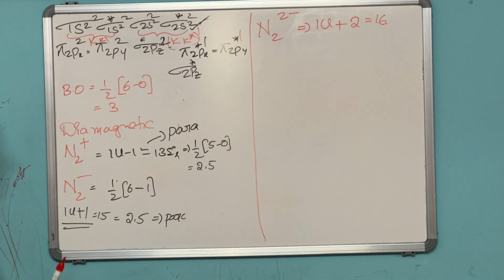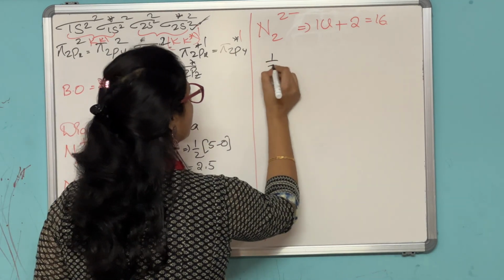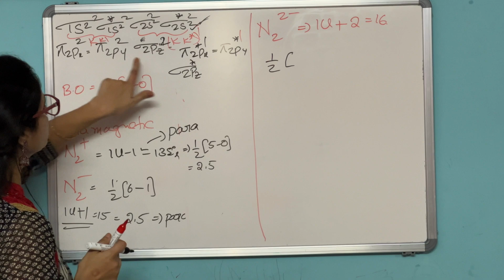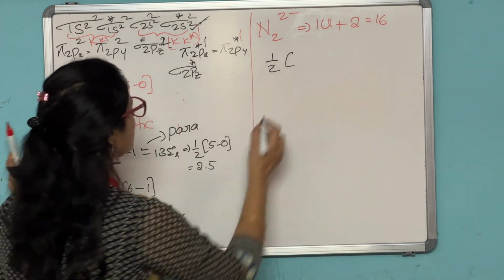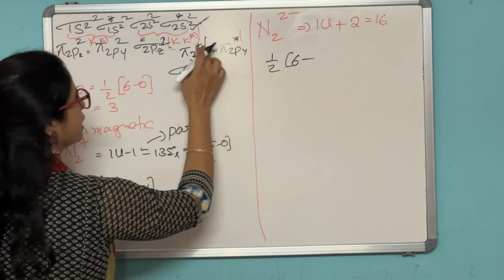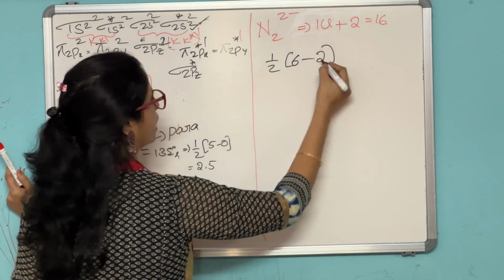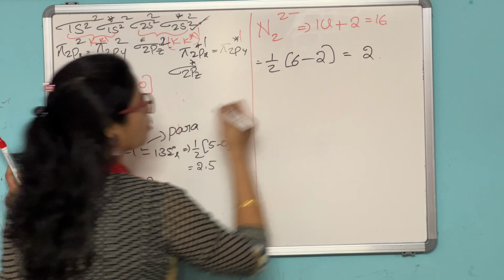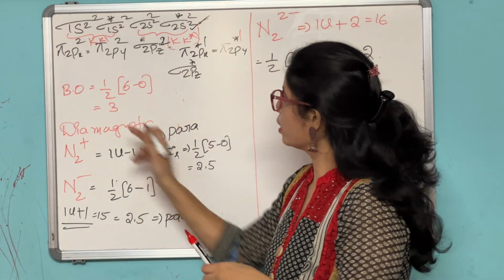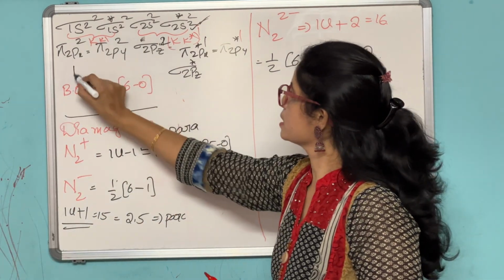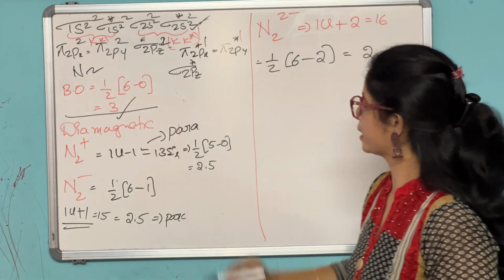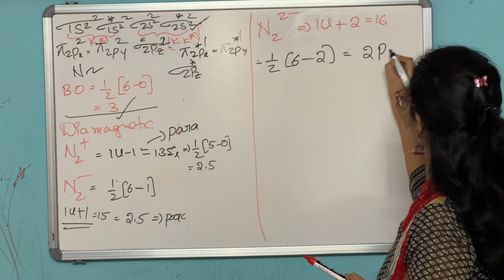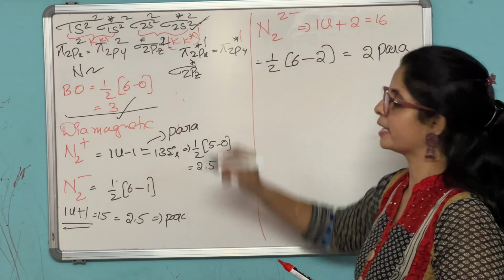Now 16 electrons, what will be the bond order? 1 by 2. How many bonding? 1, 2, 3, so 3 into 2 is 6, minus 2 anti-bonding, which is 4 by 2, 2. So bond order is 2. Bond order of nitrogen is 3, and it is diamagnetic, while these two are paramagnetic, and this one is also paramagnetic because it contains unpaired electrons.